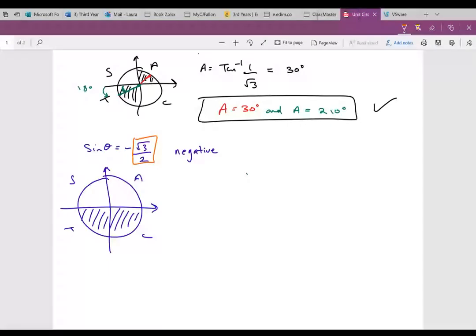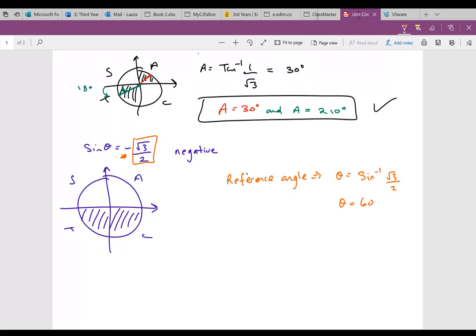You'll find sine of root 3 over 2 when you look at that table, and that will give you your reference angle. If I wanted to do it here, I could say sine inverse root 3 over 2, which will give me 60. Now that's my reference angle. It is negative.